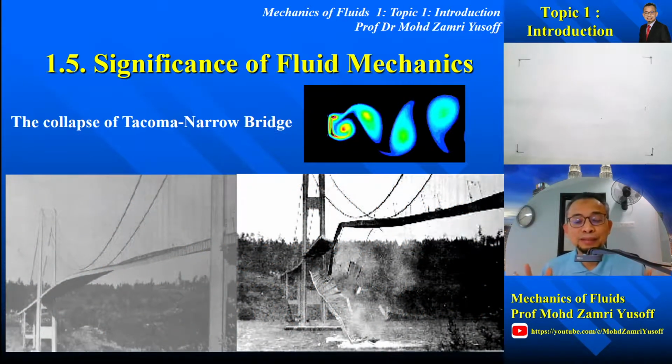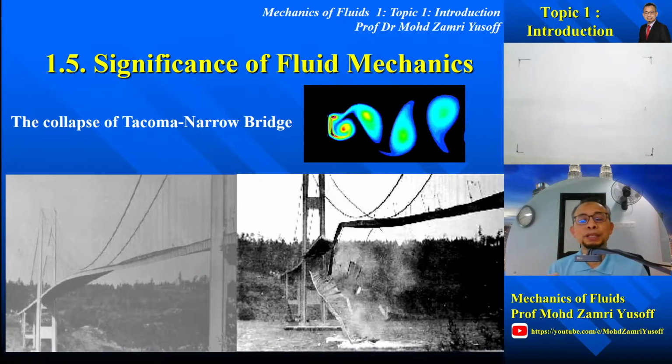Let's look at an example of a case whereby fluid behavior was not adequately taken into account by engineers when designing an engineering structure. In the 1940s, there was a bridge called the Tacoma Narrows Bridge, which collapsed only 6 months after it was completed.